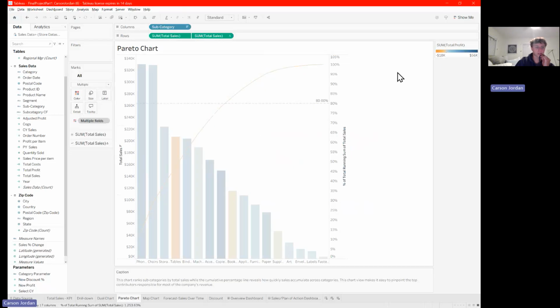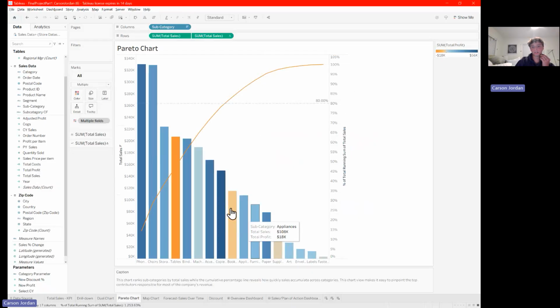But most of the other subcategories contributed very little, which reinforced the idea that a few key products were carrying the business, mainly phones and chairs. The storage wasn't bad, and then after that it pretty much drops halfway down. So not much after the chairs and phones.